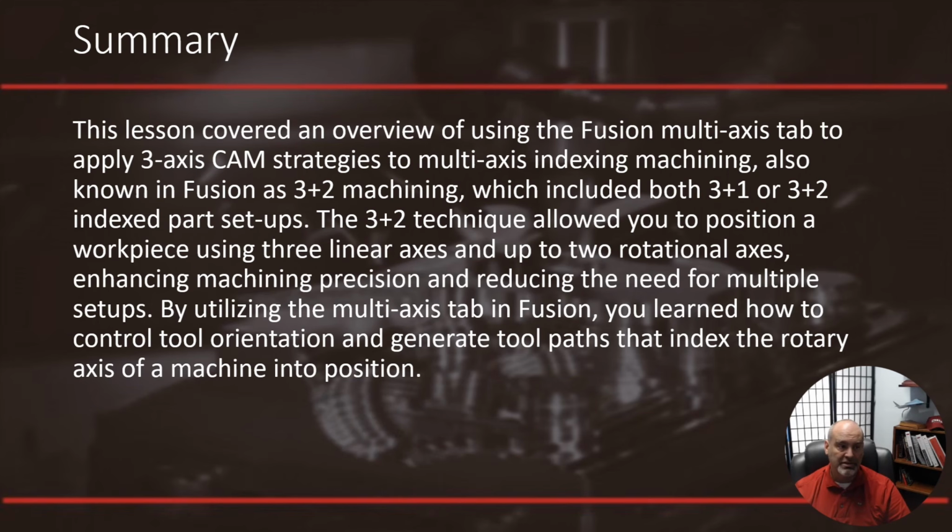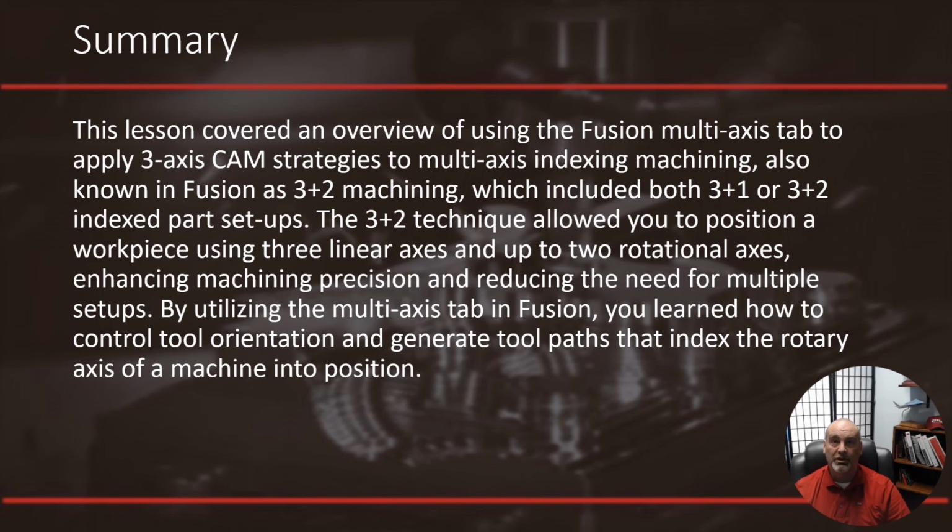Okay, in summary, this lesson covered an overview of using the Fusion multi-axis tab to apply 3-axis strategies to multi-axis indexing machining, also known in Fusion as 3+2 machining, which includes both 3+1 and 3+2 indexed part setups.